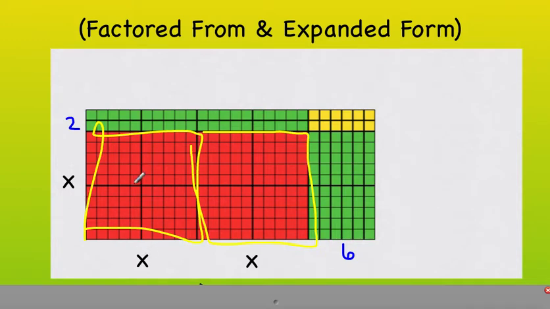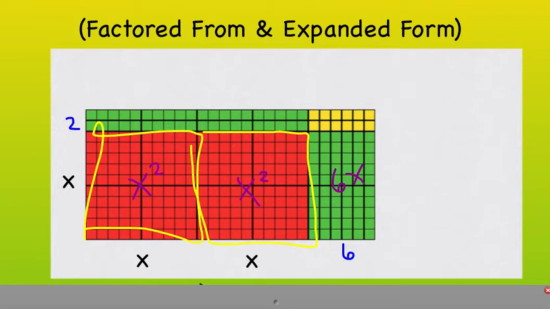We know this first red square is going to have an area of x squared, and this second square is also going to have an area of x squared. If we continue across the bottom, this is going to give us an area of 6x, since we're finding the area of this green rectangle.